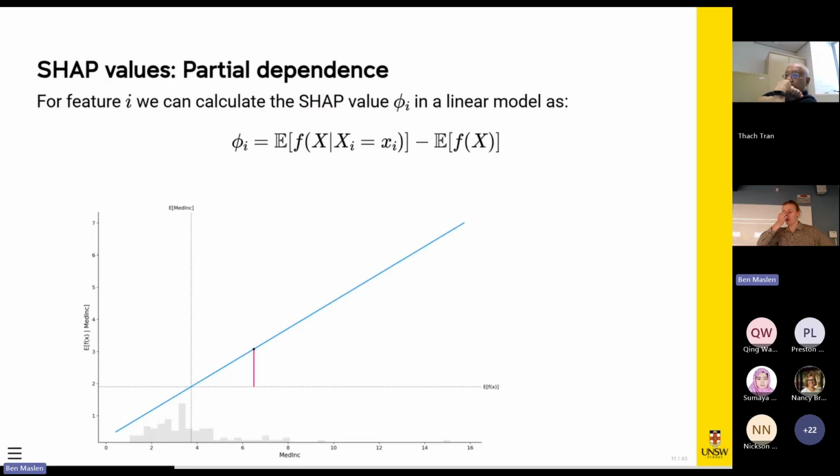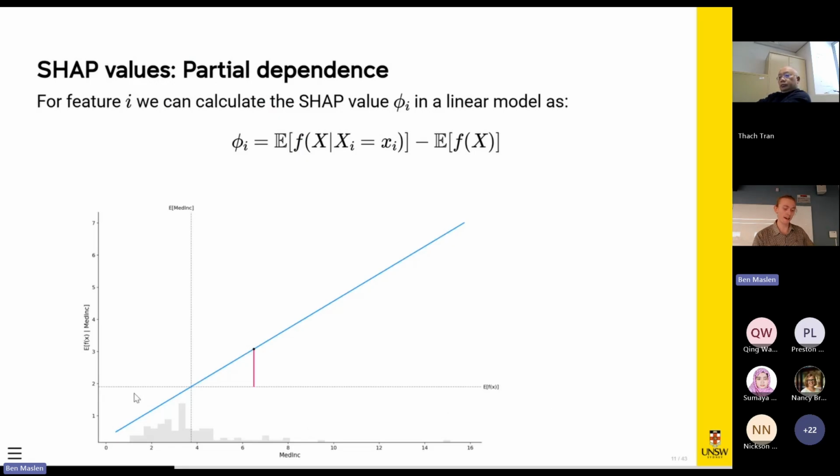What I've got up here is a partial dependence plot. Those who've seen partial dependence plots, it looks familiar. If you haven't, on the x-axis we have our median household income. It's one of our predictors.